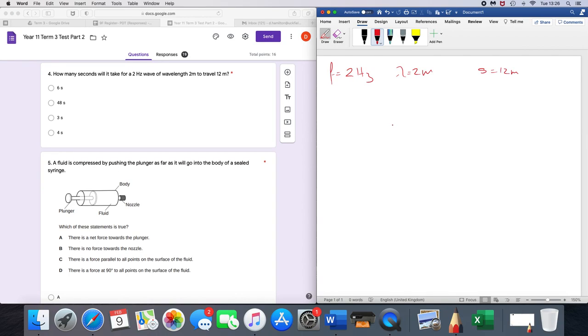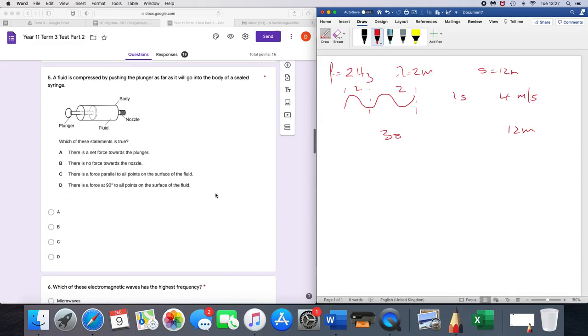Well, 2 Hertz, 2 meters, so you've got 2 lots of 2 meters. Every second, 4 meters in 1 second, so it'll take 3 seconds to travel 12 meters. So the answer is C.